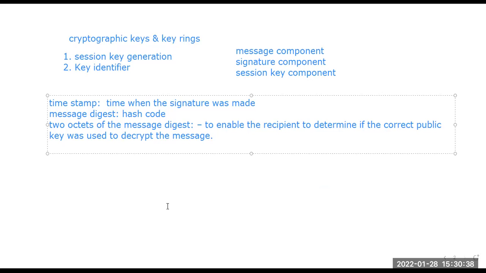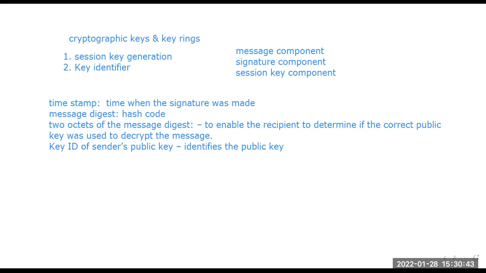So these are the four important parts in this scenario. Now, the session key component includes the session key and the identifier of the recipient's public key.